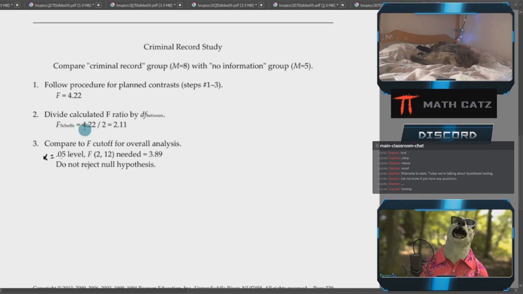I'm going to divide the calculated F ratio by 2, number of groups minus 1, 3 minus 1, and scale that back to 2.11, and then use that with my normal cutoff to make a decision. So I have these two that I just want to be aware of.